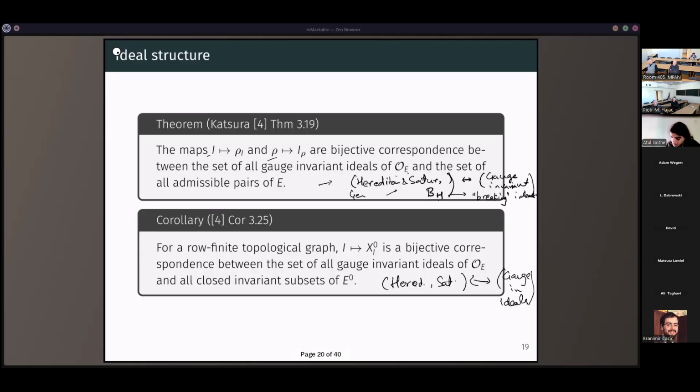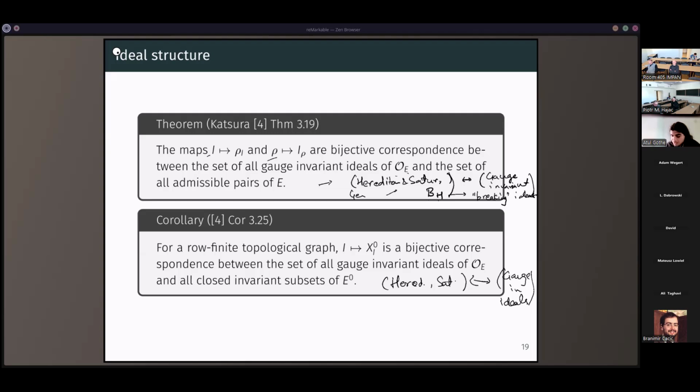So now, why do we need this ideal structure? When we go and consider pullbacks, one of the important things in the pullback is the kernel of star homomorphisms. The kernel of a gauge invariant star homomorphism is a gauge invariant ideal.